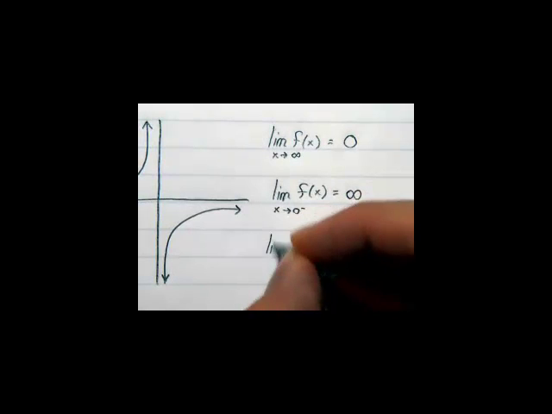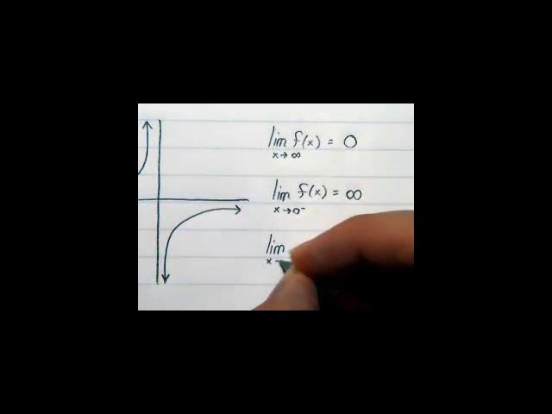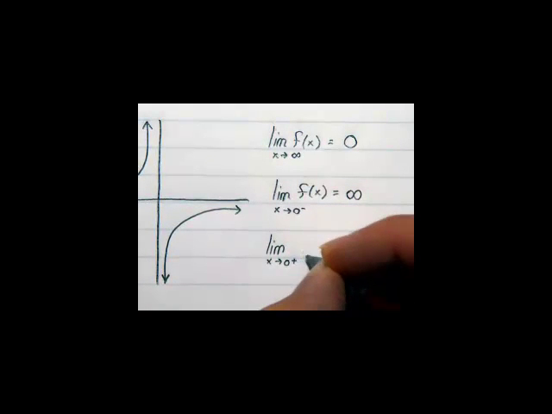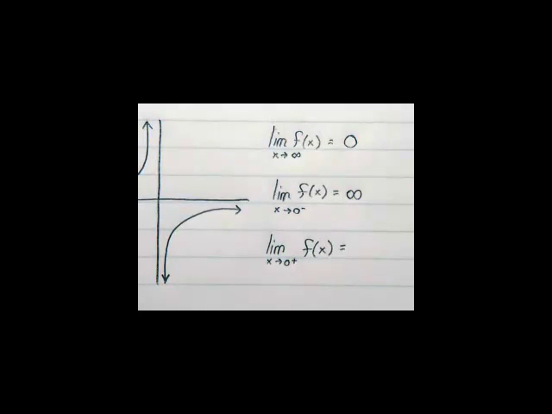And then likewise, what is the limit as x approaches 0 from the right? So I put a little plus sign up on that 0 there, and that means from the right side. Yep. Negative infinity. Okay. So that's kind of the idea looking at a graph.